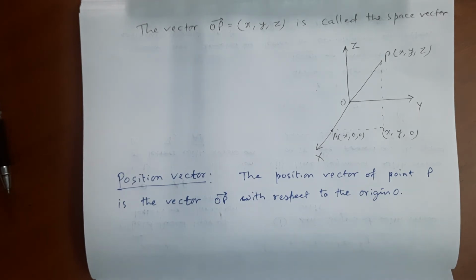Position vector of point B is vector OB. In this way, we can write the position vector of any point with respect to the origin. That means any coordinate gives us only the point, that is not the vector, but if we take the reference of the origin O, then that becomes a vector.